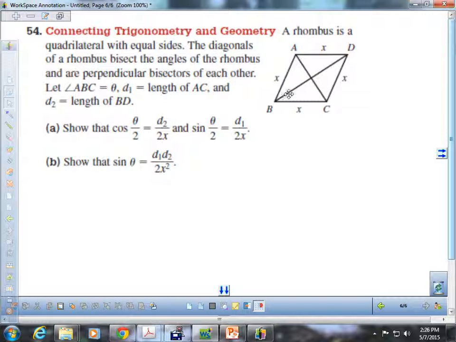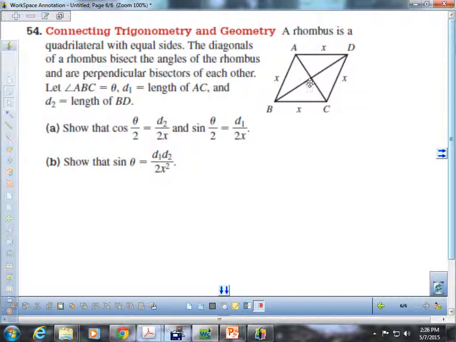But the midpoints, this one and this one are the same. This one and this one are the same. They are also what to each other? Perpendicular to each other. What do they do to the base angles? They bisect all the base angles.